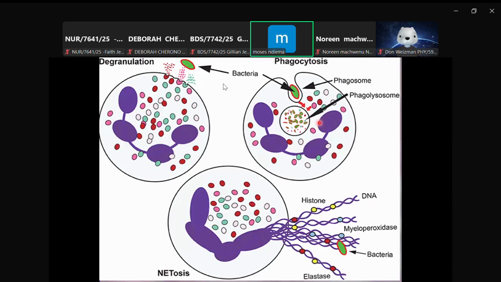Now, the activity of the neutrophil: if there's any injury, there's production of cytokines and other inflammatory factors, and this influences inflammation. So when there is an injury, the cell produces products, referred to sometimes as cytokines or chemokines.